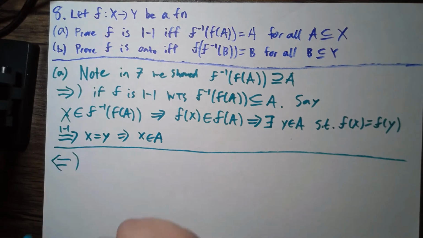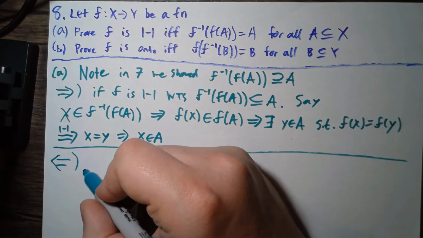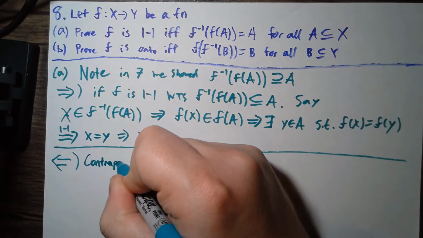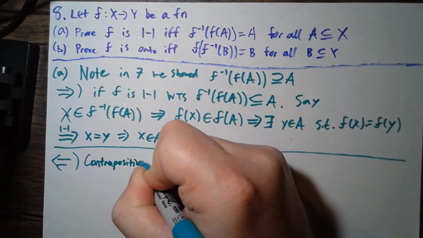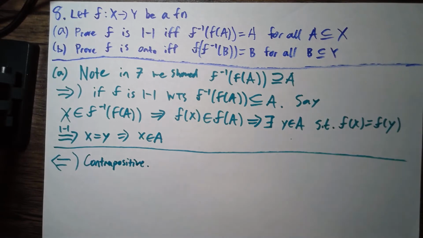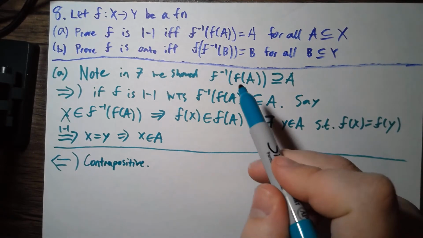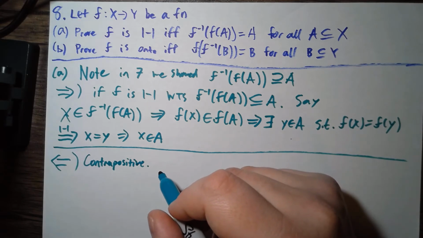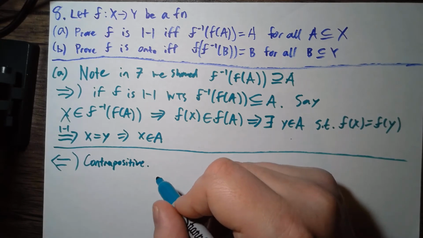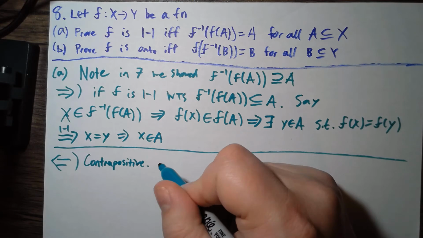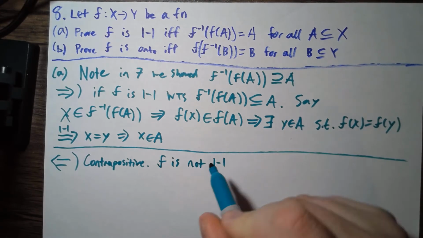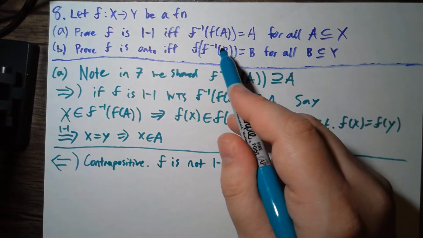Now, for the backwards direction, we're going to go by contrapositive. So we're going to assume that f is not 1 to 1, and then show that this equality does not hold.